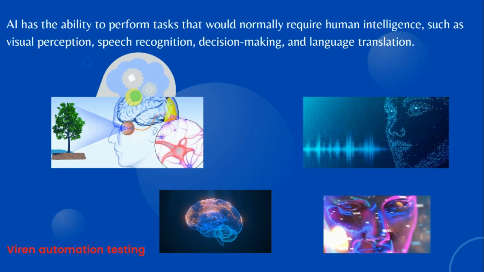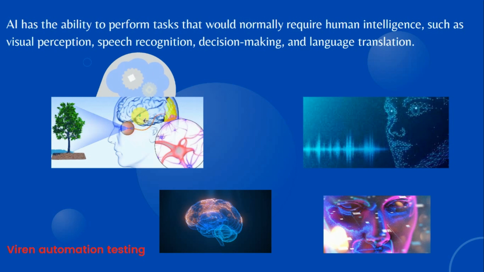As a human, we can do the visual perceptions, we can see the object and we can identify this is the tree and we can identify, okay, this is the ship. So whatever object we are seeing, our mind will do the visual perceptions and after that it will tell to the mind this is the tree, this is the ship, this is the software, this is the technology. So by seeing we can do that.